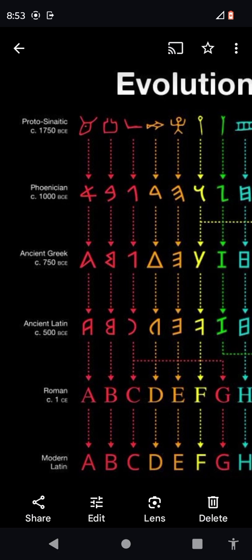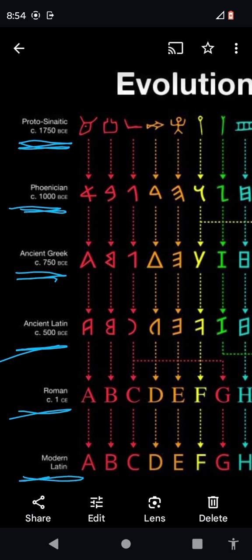We have a chart that has the alphabets of the Proto-Sinaitic, and we were just talking about the Phoenician. Then it goes to the ancient Greek and the ancient Latin, Rome, and modern Latin. I'm not sure if there's such a thing as modern Latin, but that's okay, we're not worried about that.